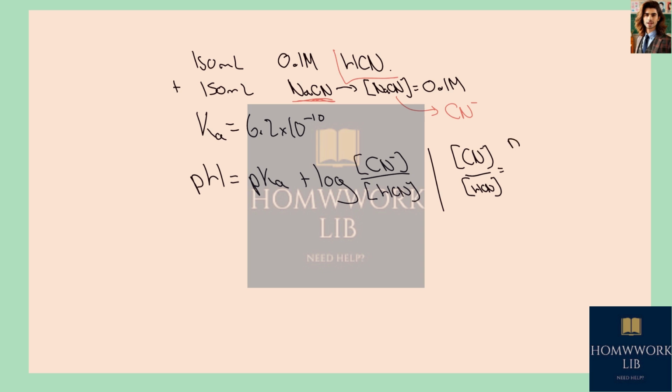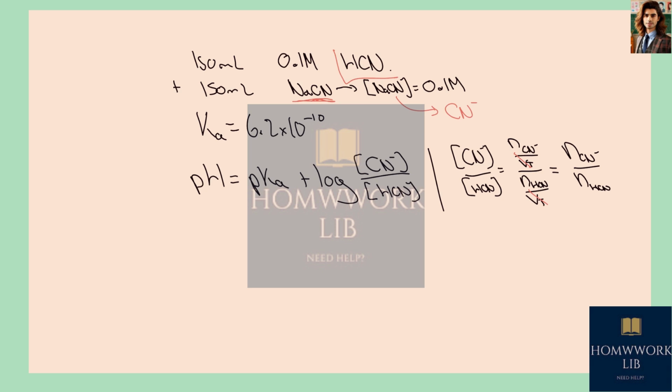This is nothing but the amount of moles of CN minus divided by the total volume, divided by the amount of moles of HCN divided by the total volume. So the total volume, when we have a buffer, is not going to affect the pH. The thing that is going to affect it is the amount of moles that we have of each of them.